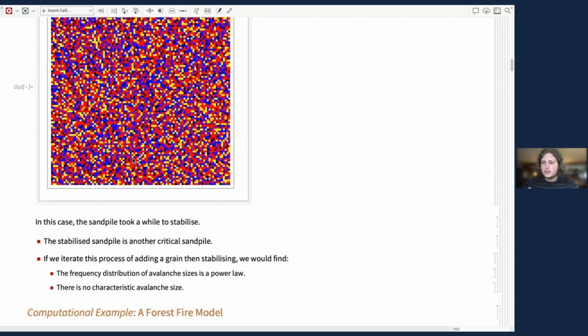There's no sensible way of saying that there's an average size to them. There's no sensibly defined mean, and that's a property that you see in any system that follows a power law distribution in some of its state variables.